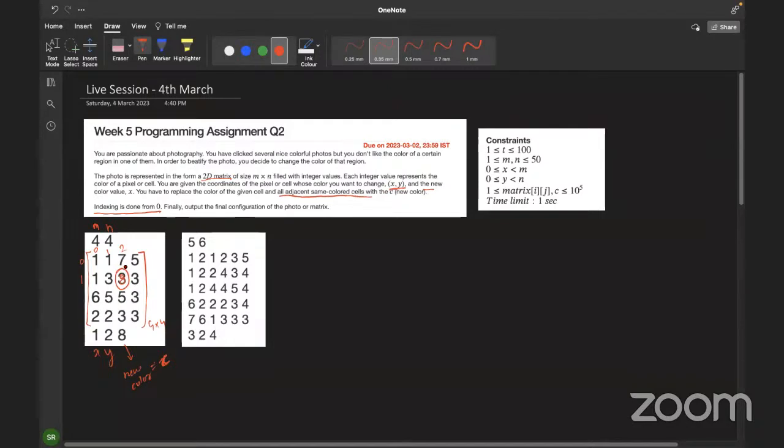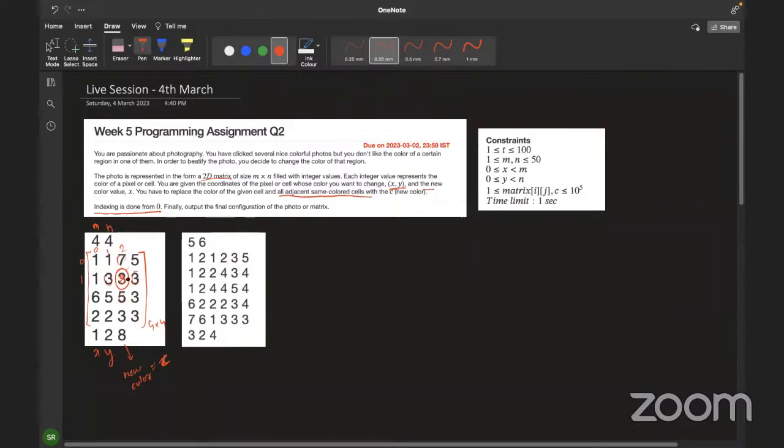The adjacent cells to this X comma Y, 1 comma 2 cell, are not the diagonal cells. The adjacent cells are just this 7, 3, 5, this 3 and this 7. And now it says that it should be same colored cells.